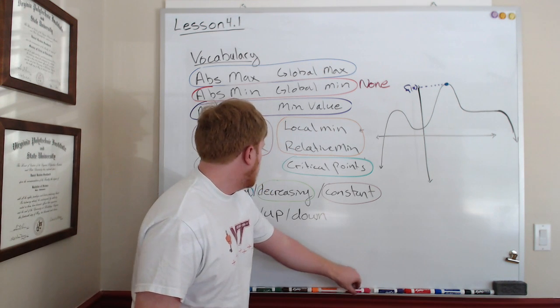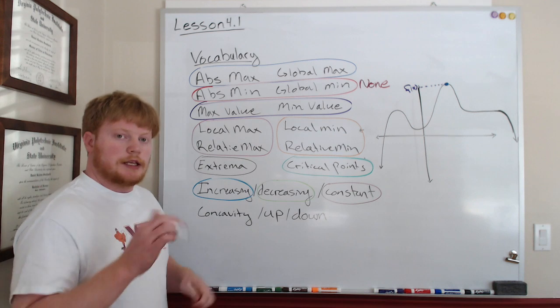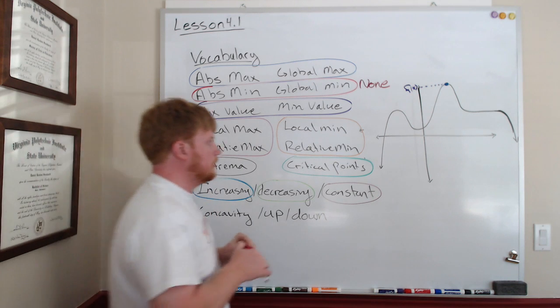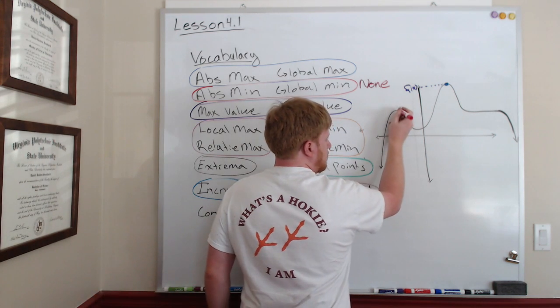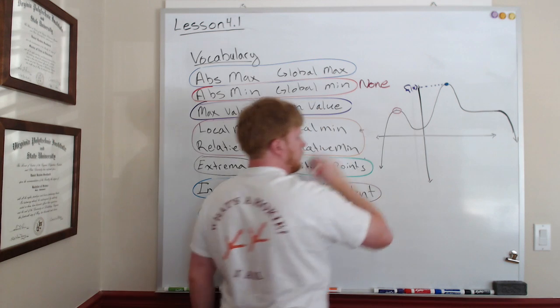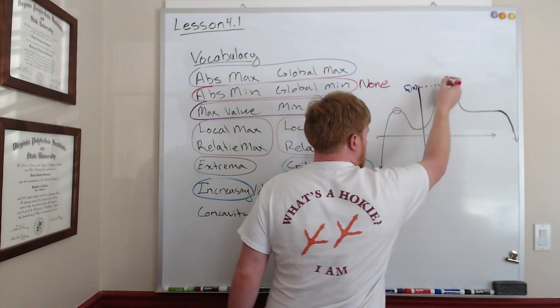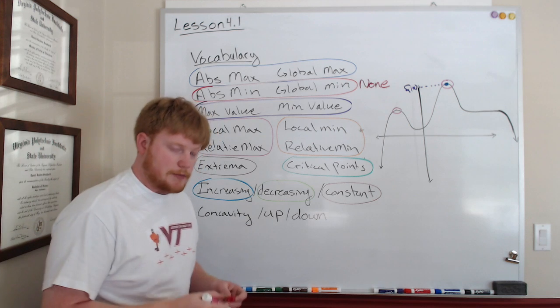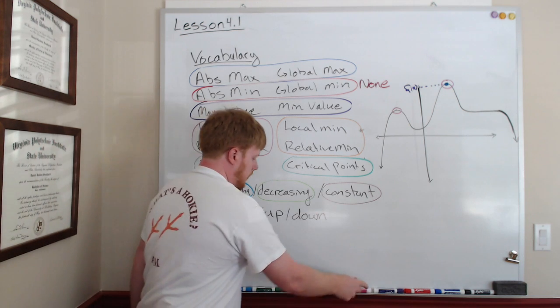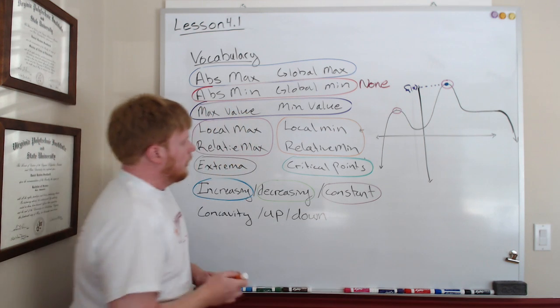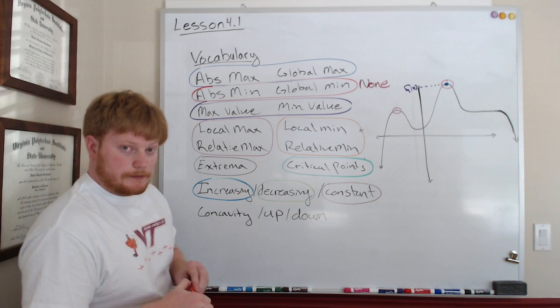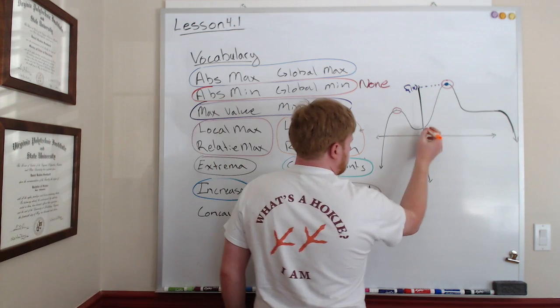Local and relative max is any peak. So this here is a relative max. So is the absolute max. It's also a relative max. Local and relative minimum. That's any valley.